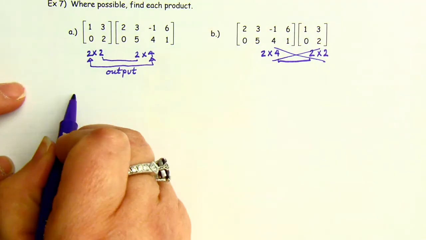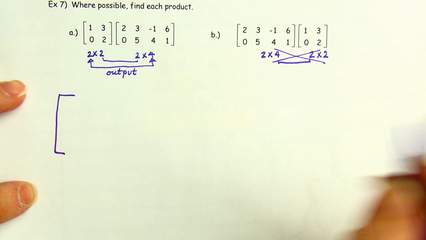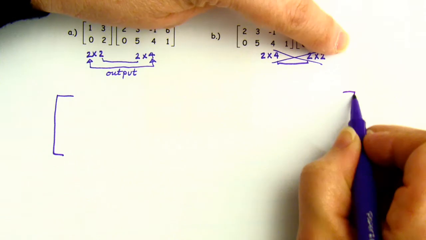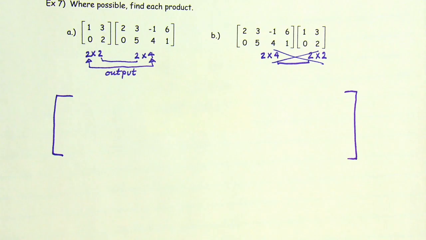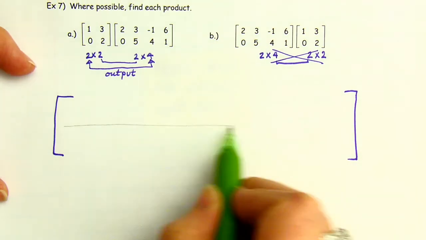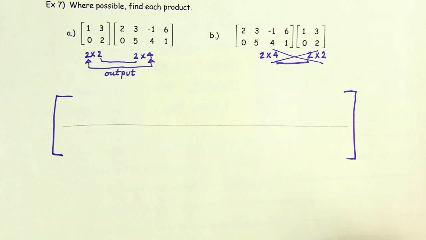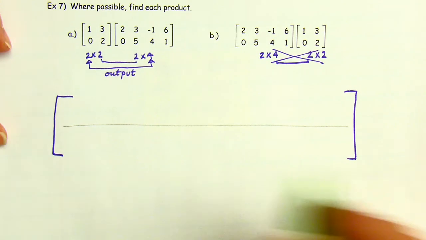So I'm going to write my matrix brackets wide. And sometimes you might want to do these problems on unlined paper and do the landscape. It makes it easier. All right, so I know there's 2 rows and I know there's 4 columns.